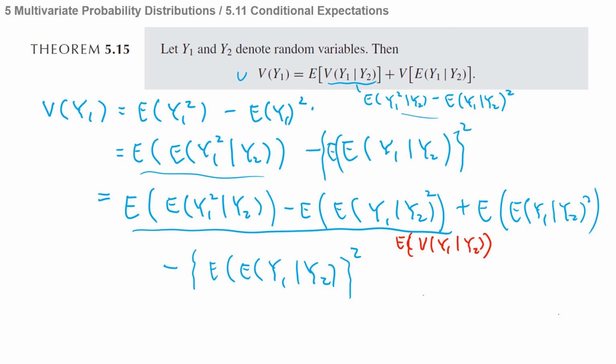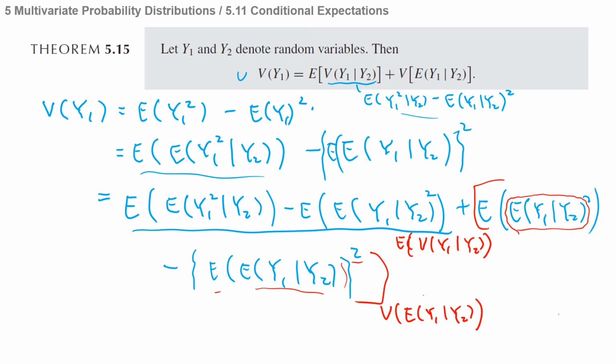And this part, this one squared, and the expected value of this one, squared. So the second part becomes the variance of the expected value of y1 given y2.